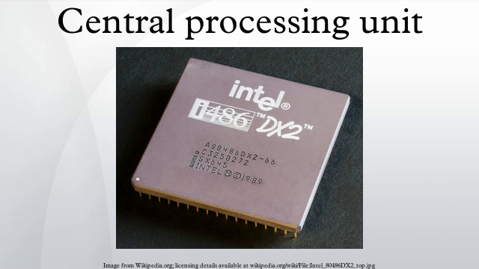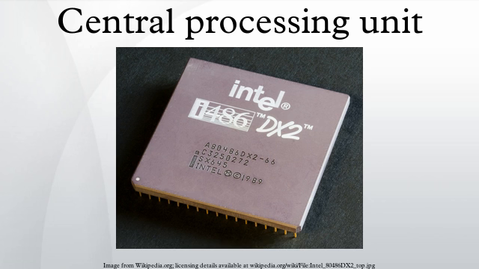This has allowed synchronous microprocessors to have clock rates ranging from tens of megahertz to several gigahertz. Additionally, as the ability to construct exceedingly small transistors on an IC has increased, the complexity and number of transistors in a single CPU has increased many-fold. This widely observed trend is described by Moore's law, which has proven to be a fairly accurate predictor of the growth of CPU complexity.